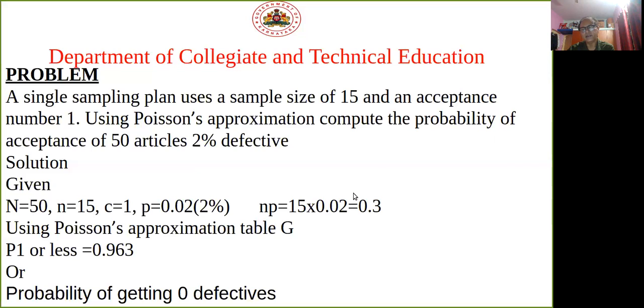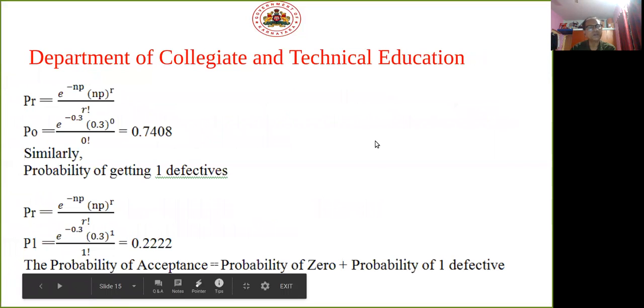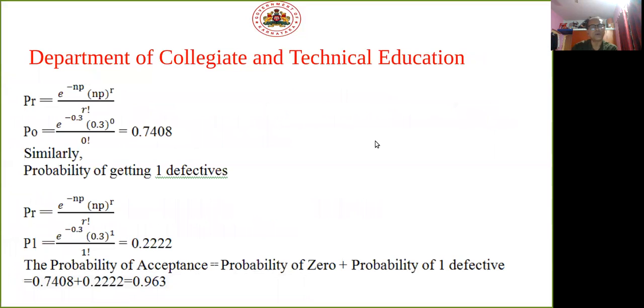When R is equal to 0, we can write e to the power of minus 0.3 into 0.3 to the power of 0 divided by 0 factorial. When you calculate, the probability of getting 0 defectives is 0.7408.